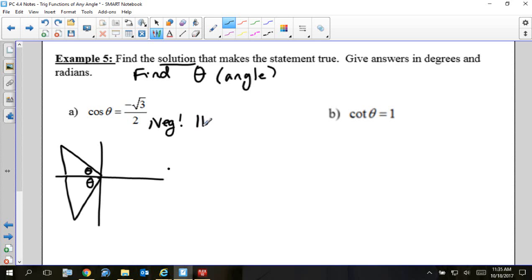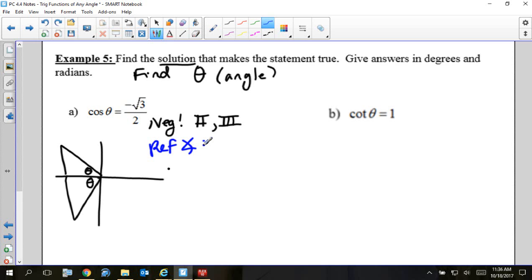So we're doing quadrant 2 and quadrant 3. The next thing I'm going to think about is what reference angle is cosine theta radical 3 over 2. I'm not thinking about where it is in the second quadrant.